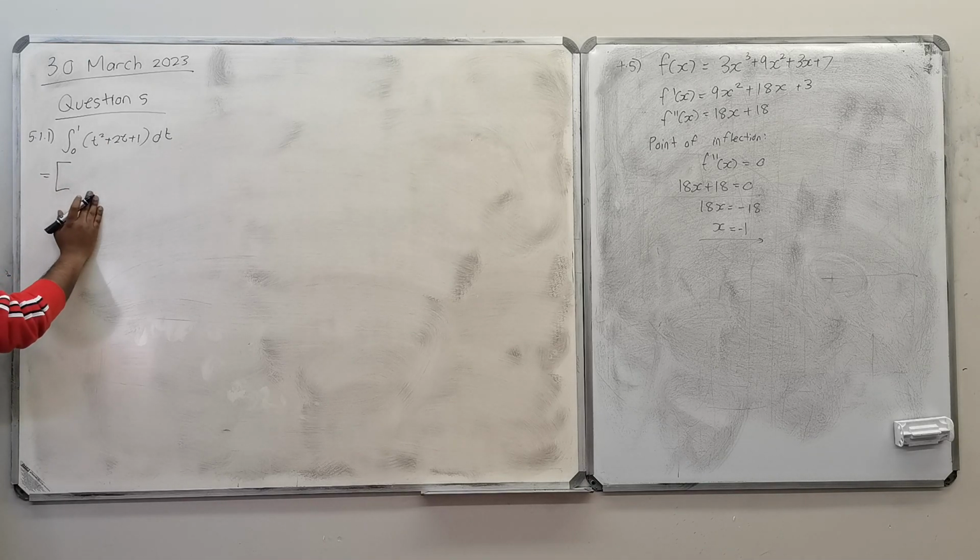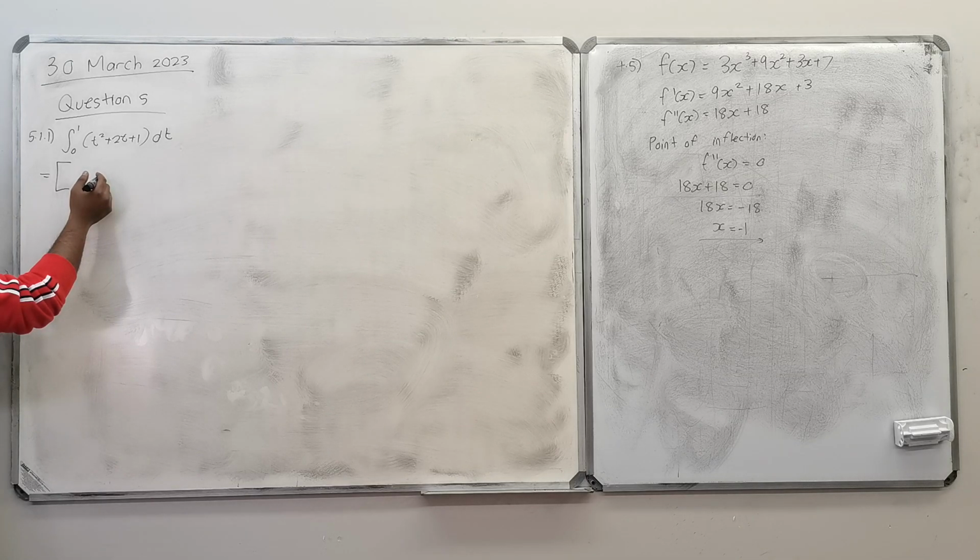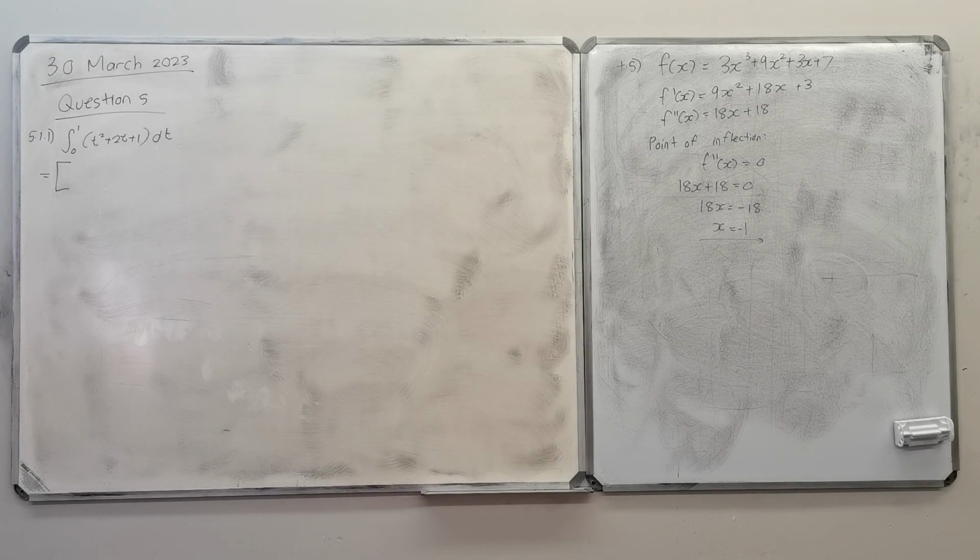The integral of t squared is, go to your data sheet in the paper that I gave you. It's x to the power n plus 1 all over n plus 1. Is it there? Yes, it is.